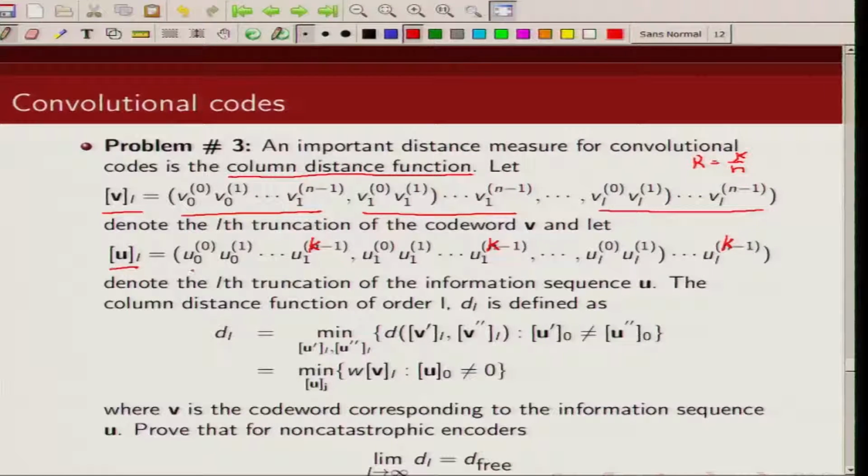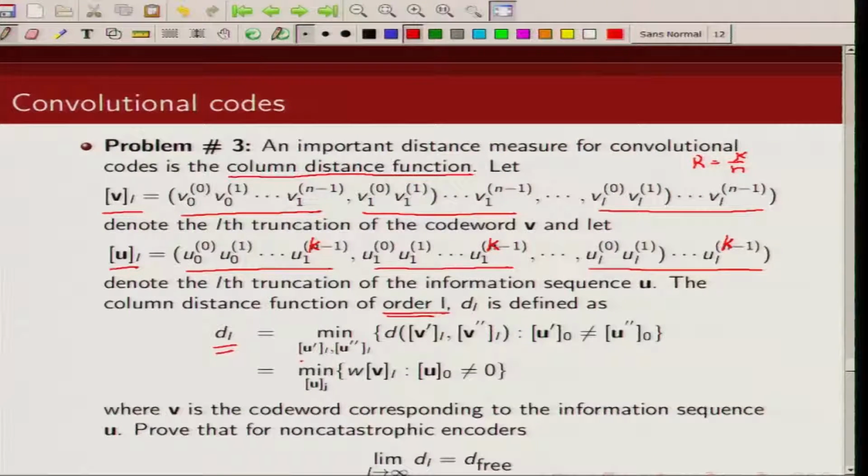So, for the first time instance you have k inputs, second time instance you have k inputs, and similarly for L time instances you have k inputs. Now, note that both your information and coded sequences are truncated up to length L. Now, we define the column distance function of order L as follows.